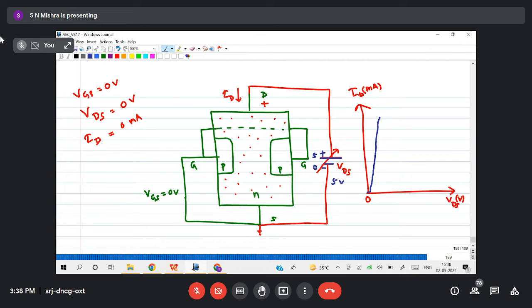Yes or no? If it is a battery of 5 volt, this is 5, this is 0, so the potential difference between these 2 points is 5 volt. So same thing is here. 5 is connected here and 0 is connected here. That means the potential difference between these 2 points is 5 volt.